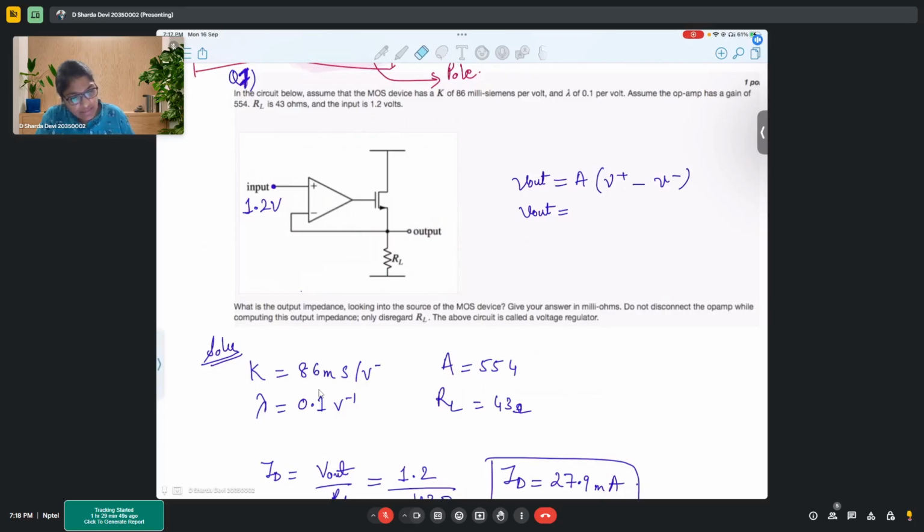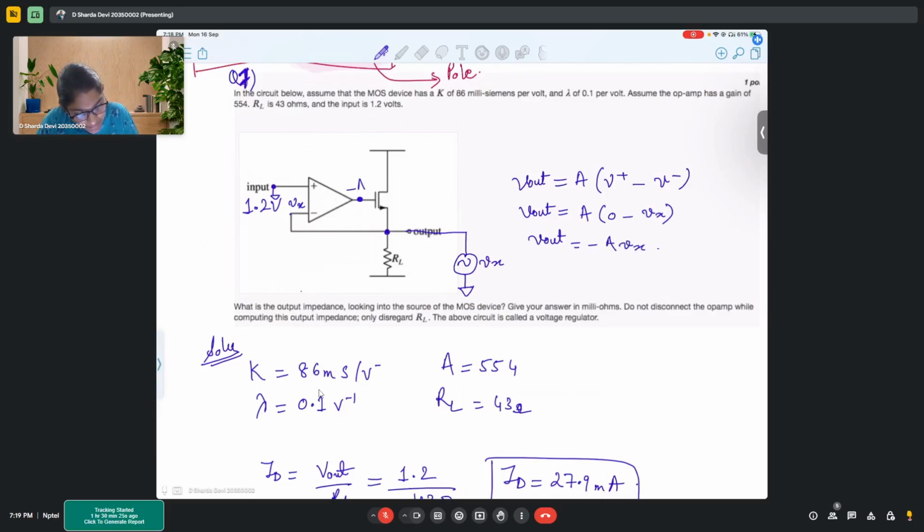So Z out means let's suppose I apply Vx over here, okay, and put this to AC ground because I'm doing AC analysis. So if my voltage over here is Vx, that means this point is Vx. So from here, if I want to find op-amp's output, that would be A times 0 minus Vx. So V out would be minus A Vx.